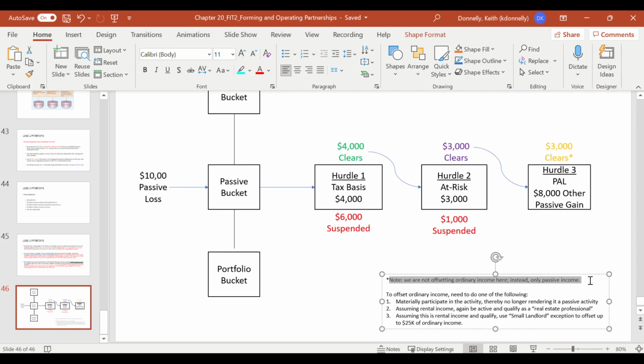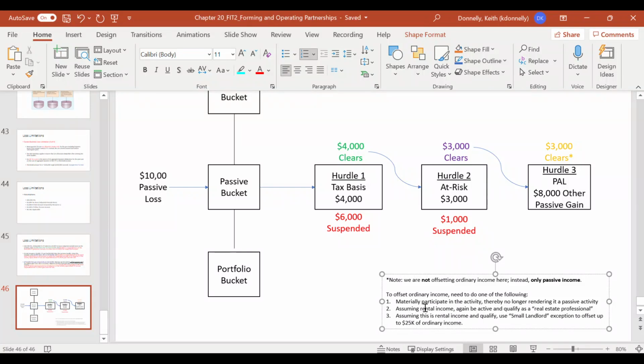And this is what I have here. I said, note, we're not offsetting ordinary income, right? Instead, we're only offsetting passive income. If we wanted to offset ordinary income, we would have had to materially participate, or we could have been a real estate professional, which is basically materially participating, or we could have used the small landlord exception.